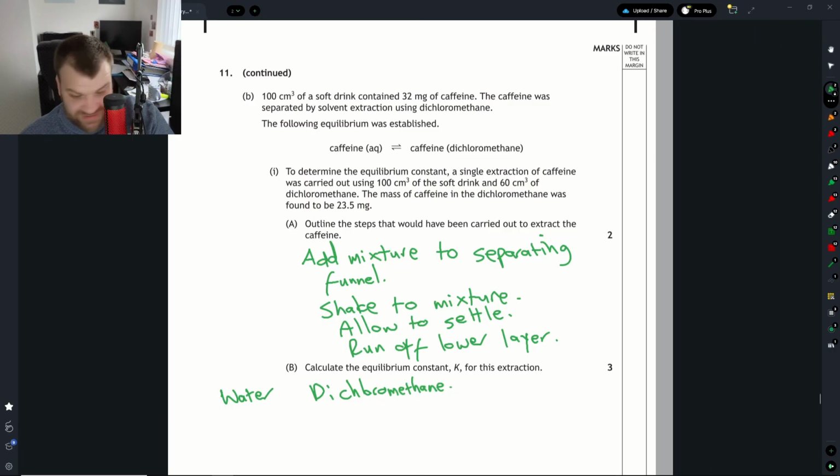Now, to get our equilibrium constant, we're going to want the concentration in dichloromethane divided by the concentration of the caffeine in water.